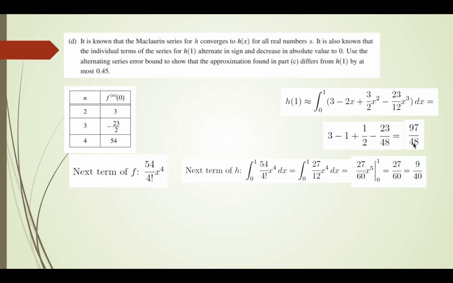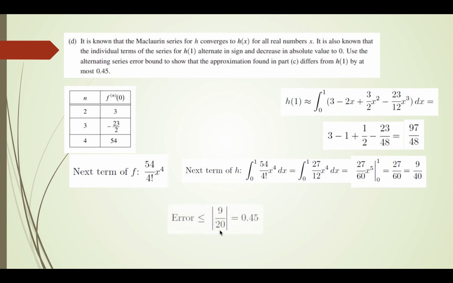So again, one more time, if you want to find the error in an approximation that you have found in an alternating series, the error is going to be the next term that you did not use. And so for this case, the next term we didn't use would be 9 over 40. That's what would have come next if we had extended this one more term.